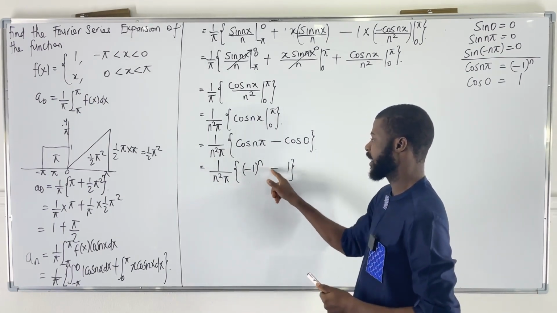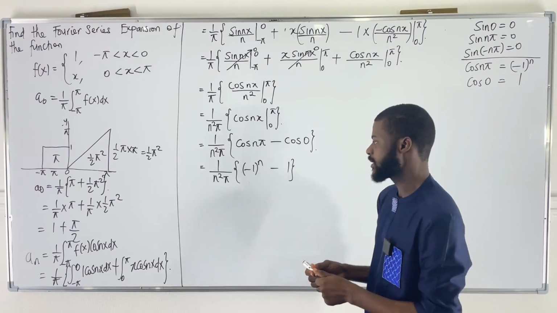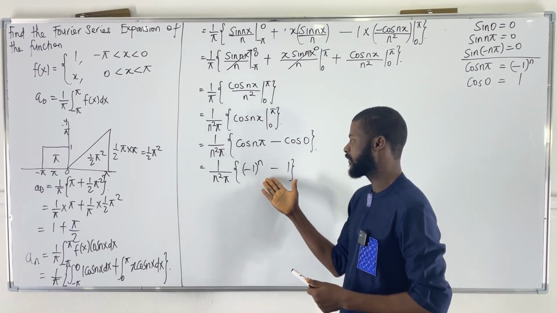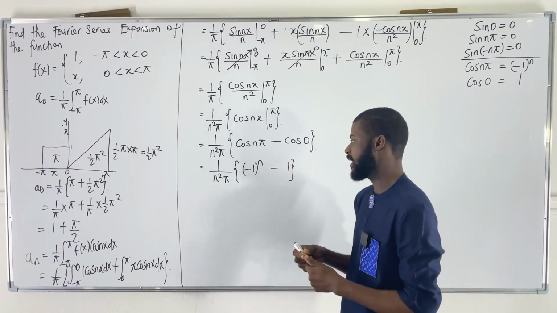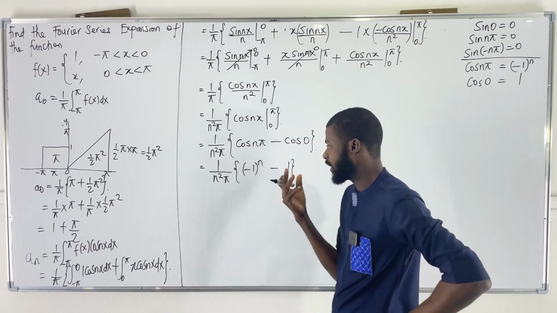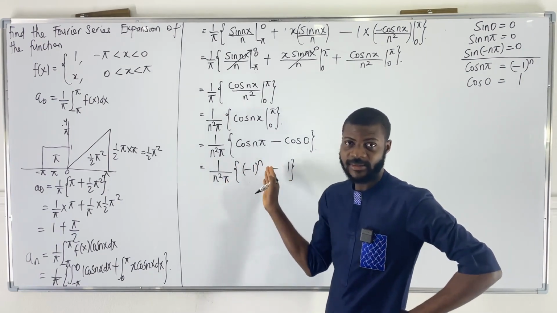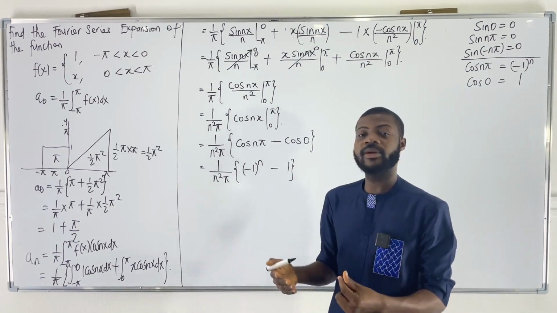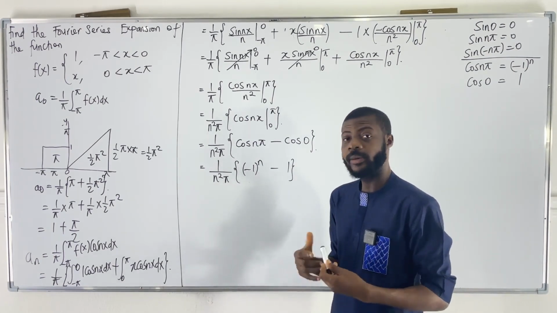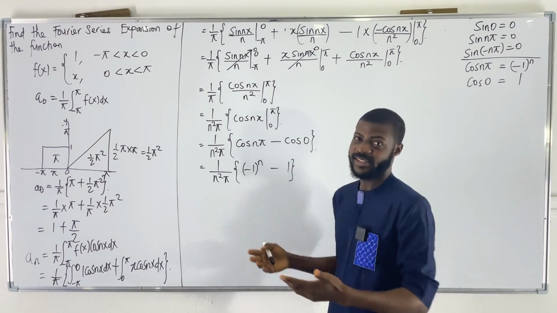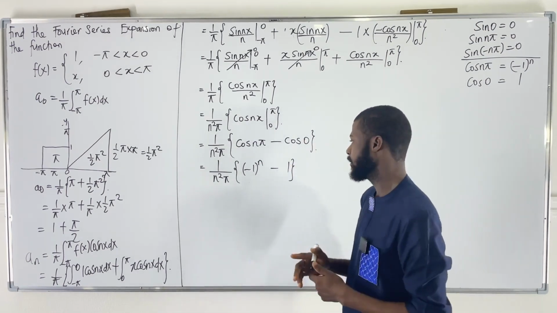To start with, I noticed that something can happen with this bracket depending on the type of number we have. It's not a crime to leave it like this. But when you are finally evaluating your Fourier series, you try your best to make sure that life is easy. Otherwise, it's going to get bulky there.